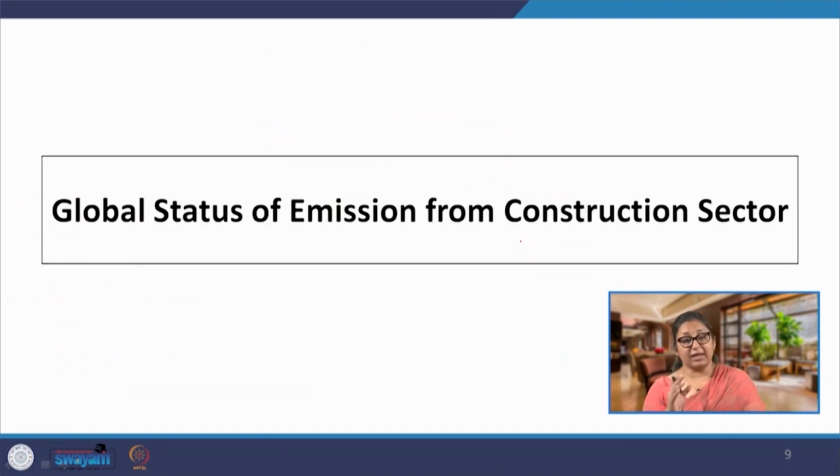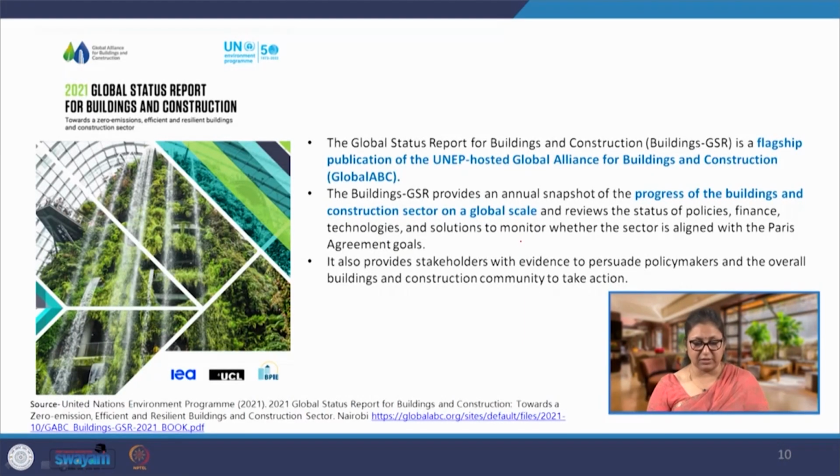Now, looking at why it is so important to reduce the emissions from the construction sector, let us look quickly at some of the numbers. A lot of this data is collected and published by the UNEP hosted Global Alliance for Buildings and Construction, which we commonly know as Global ABC.